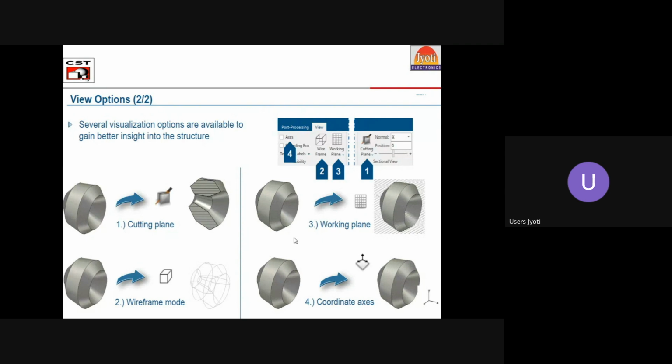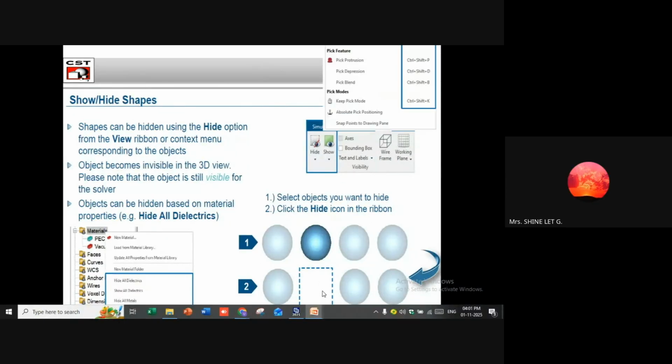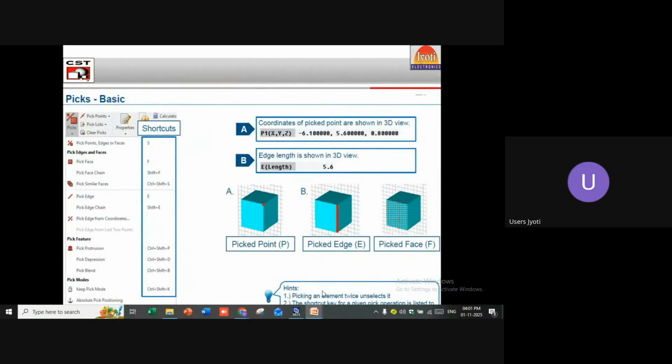Also, you can change the coordinate axis using edges and surfaces as well. As I explained, with the pick operation you can pick edges, points, and surfaces, and denote them for further operations.